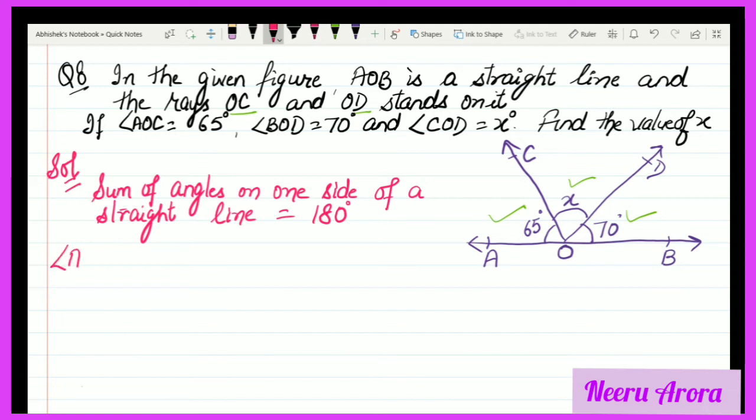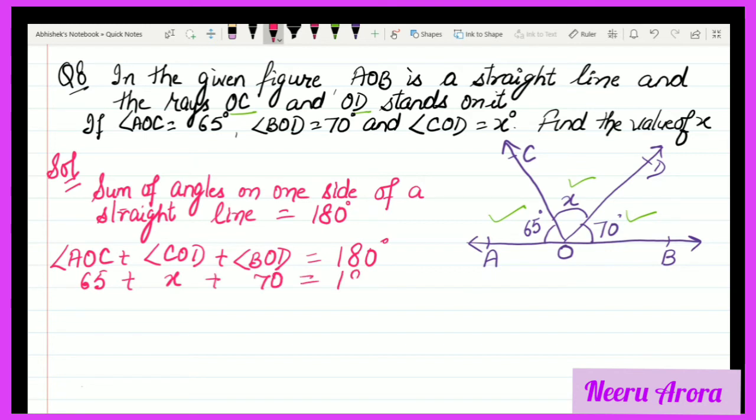So AOC plus COD plus BOD is equal to 180 degree. Here the sum of all these three angles is equal to 180 degree. So AOC is 65, COD x, BOD 70 degree, that is equal to 180 degree. So again we will separate the constant and collect the like terms.